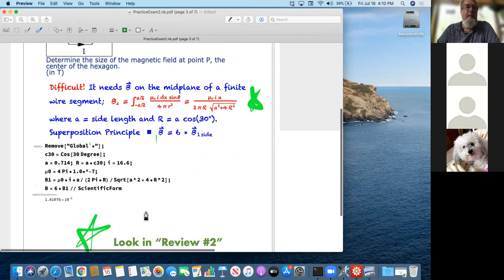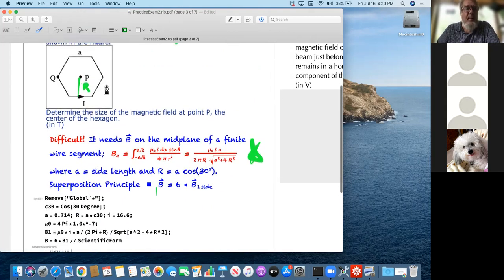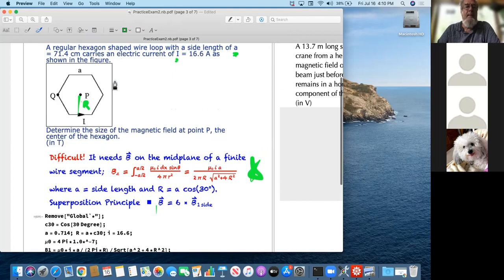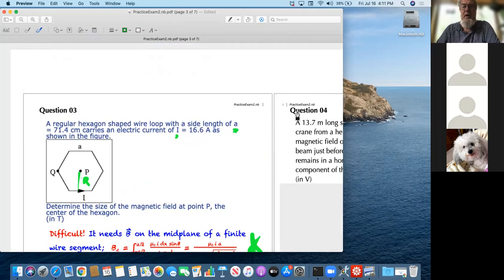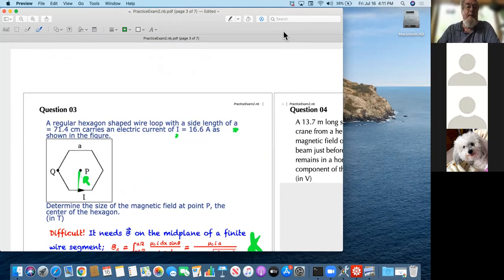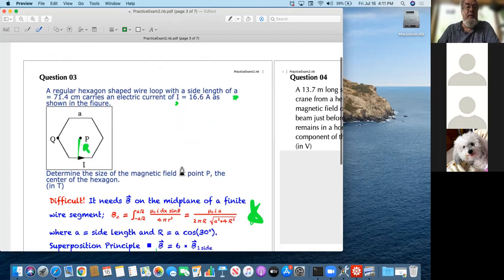But try to do this problem for the numbers that are given and check your answer. The numbers are given in the practice exam number 2 on the Lon Kappa site. So that's a problem where you are given a current and you have to calculate a magnetic field.